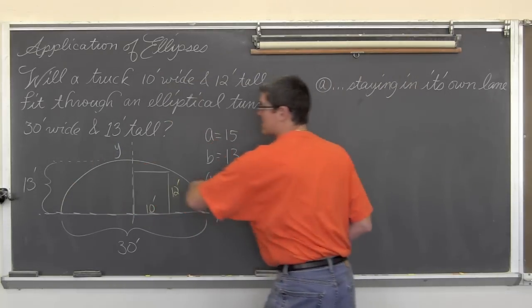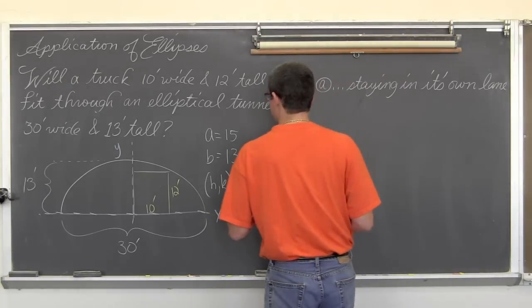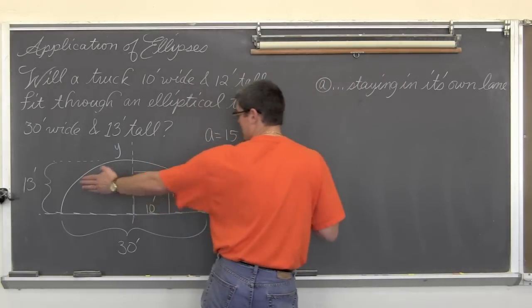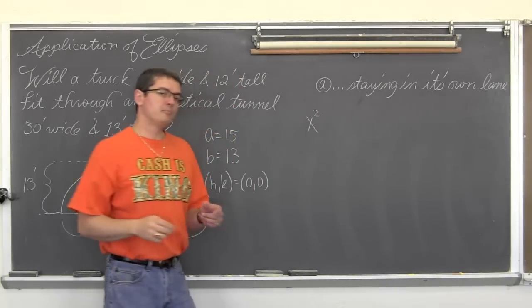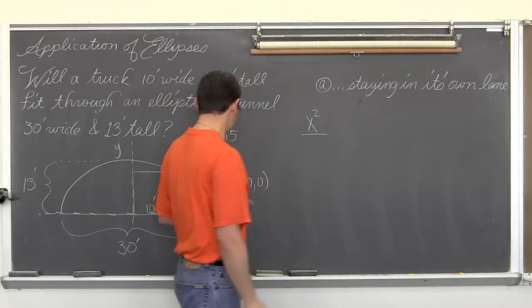This ellipse, at least the top half, is modeled by the equation. It's going horizontally, so we're going to put the x first and put the value of A, which is 15.